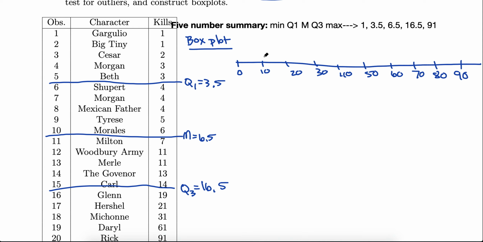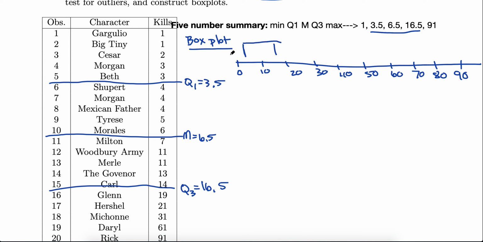All right. So first thing we want to do is draw a box around our middle 50%. So remember, that's Q1 up to Q3. So Q1 is 3.5, about right here. Q3 is 16.5, about right here.